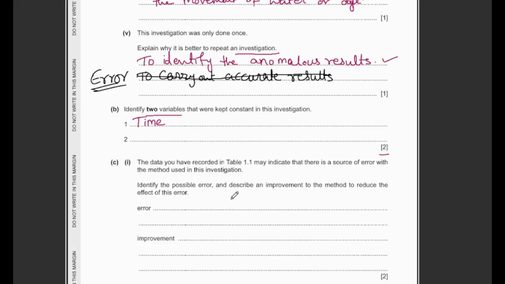So the answer will be time to equilibrate. Or you can mention here the length of time in the dye.